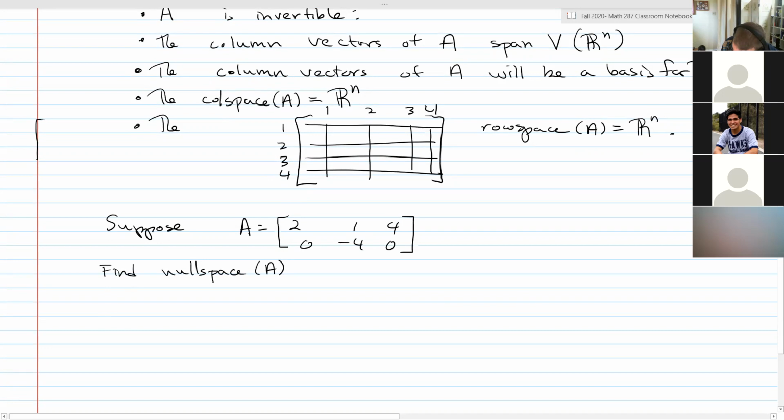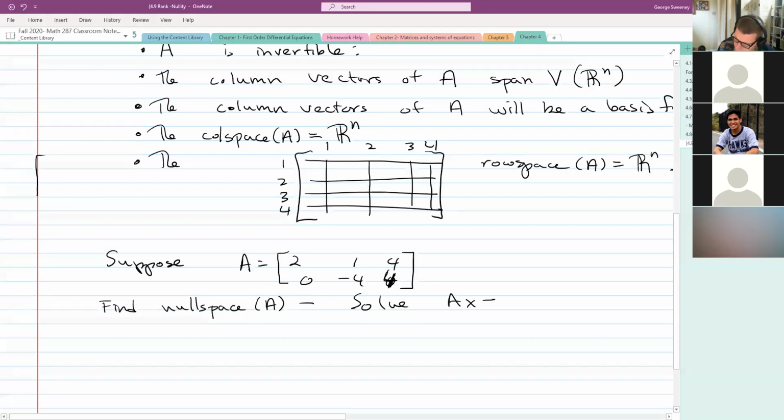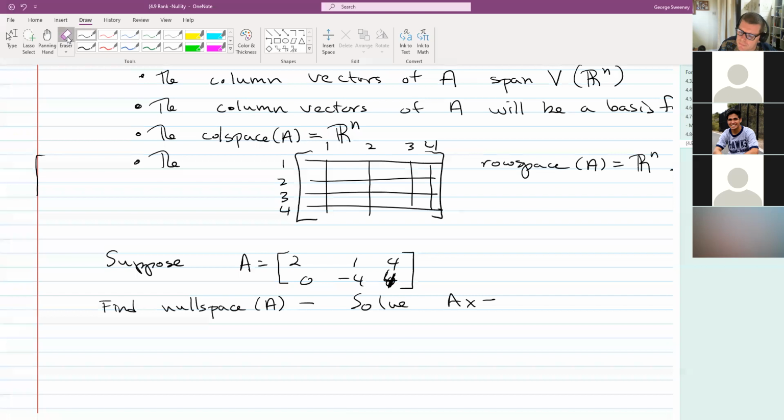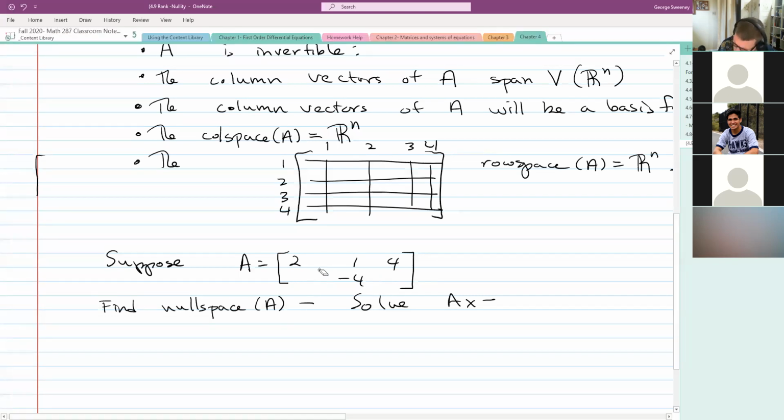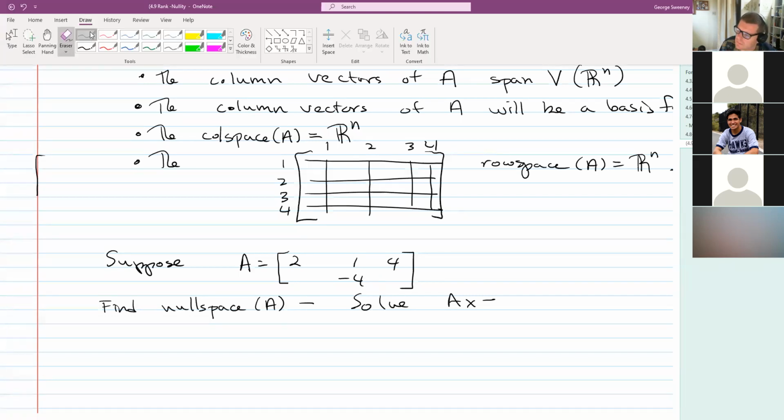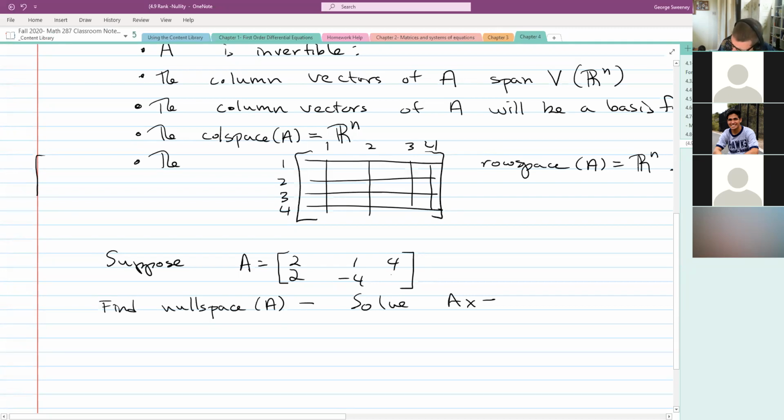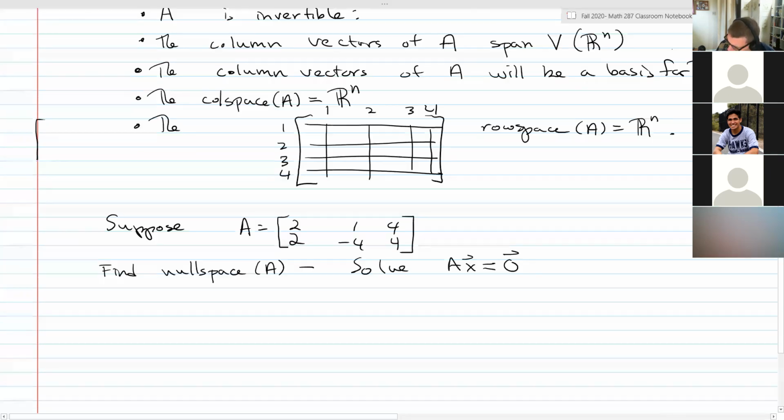To find the null space of A, we're going to solve AX equals 0.